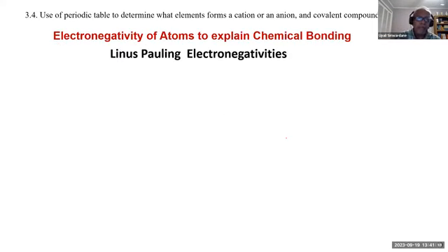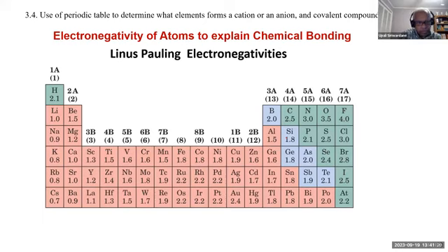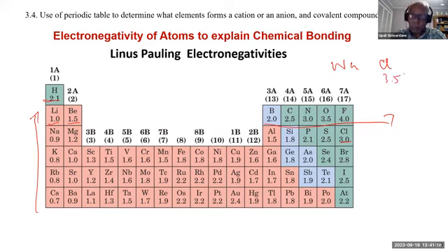If you look at the values, 2.1, 1.0, 1.5, it increases this way. It increases this way. So if you have to decide on the bond between sodium and chlorine, you have to take the electronegativity difference. Chlorine is 3.0.